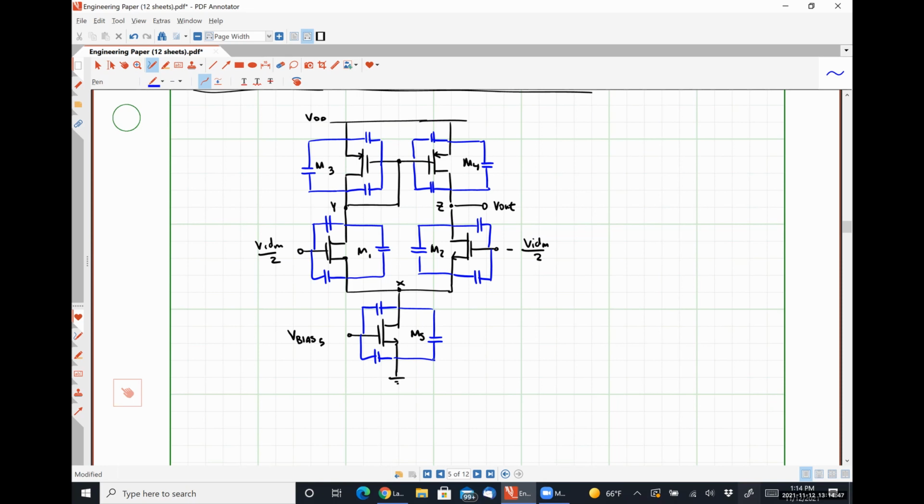From that, node X is still going to serve as a small signal ground, which means that since V bias 5 is a DC voltage, this capacitor here, this would be CGD, is grounded at both sides, so it goes away.